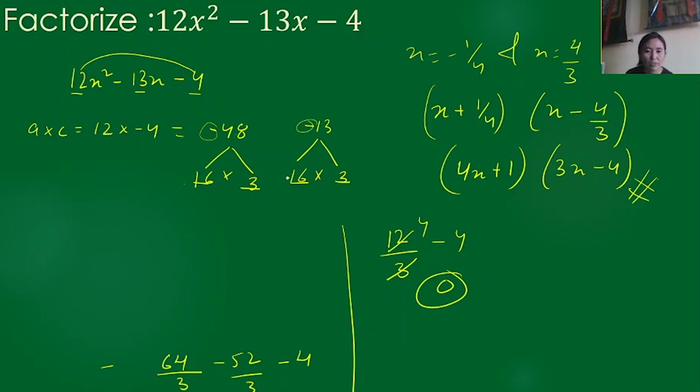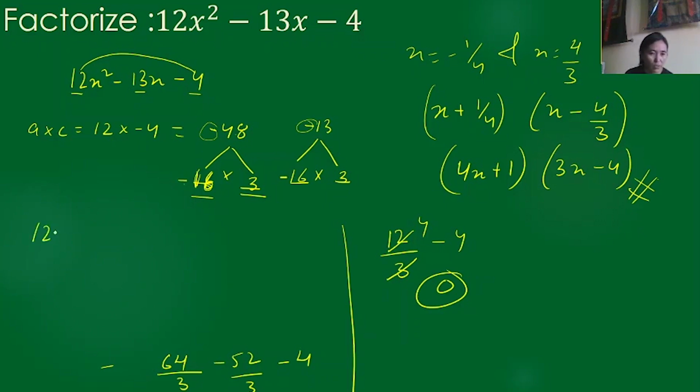The greater number between 16 and 3 is 16, so you put negative on the 16. So minus 16 plus 3 gives minus 13, and minus 16 into 3 gives minus 48.